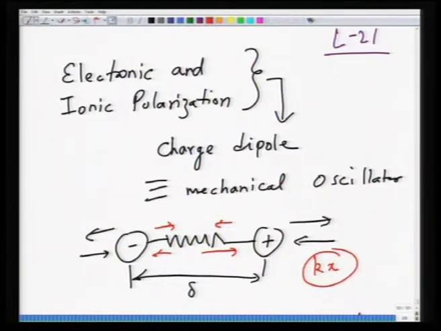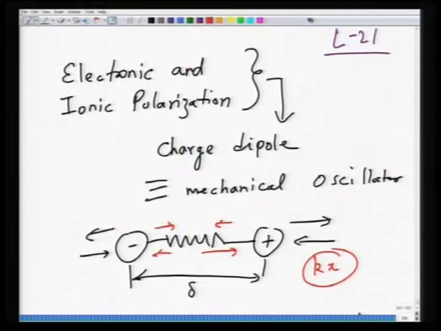And the characteristic of such an oscillating system, such a mechanical oscillator, is that it exhibits resonance at a certain frequency. So, these two mechanisms are characterized by something called a resonant frequency. So, this is the characteristic of this kind of polarization.